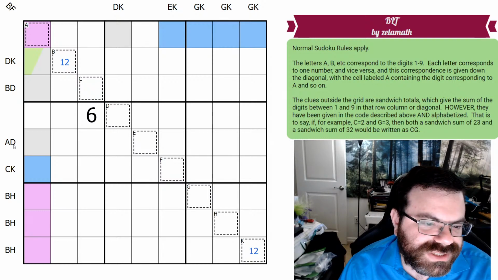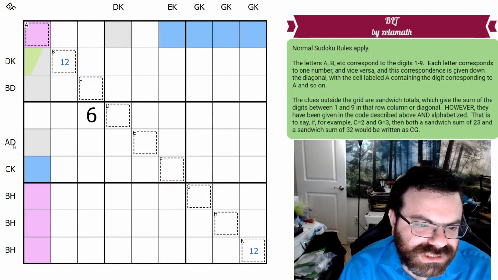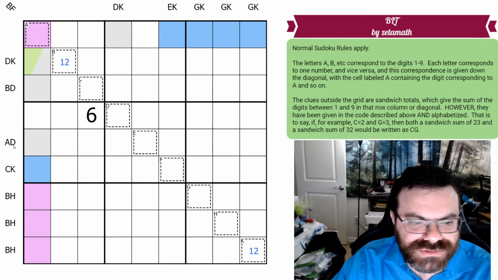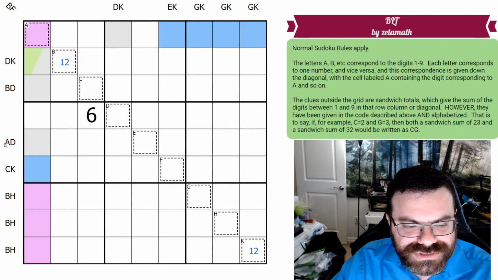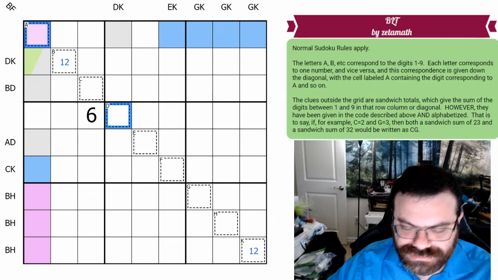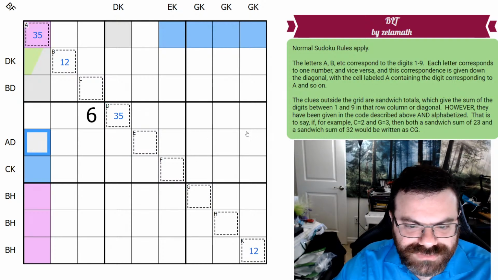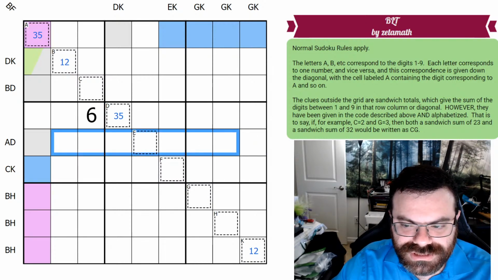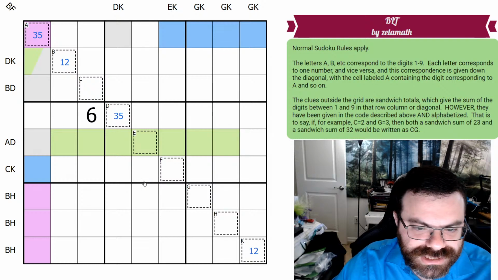Oh no, we can't do 30 because we can't use 0. So 31 and 32 aren't available because 1 and 2 aren't available. Can't do 33 because they're 2 different digits. Can't do 34 because you can't miss 1 out of a sandwich because the 1 is part of the crust. So AD is 35. So these are 35. And that means none of these are 1 or 9.